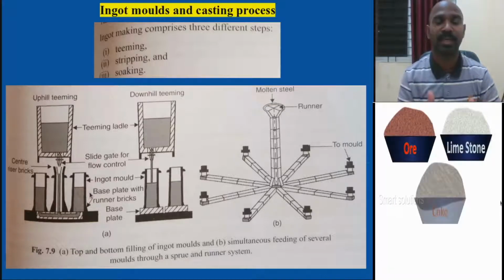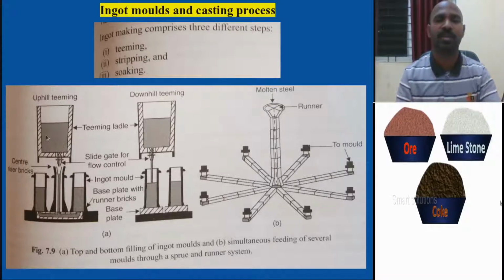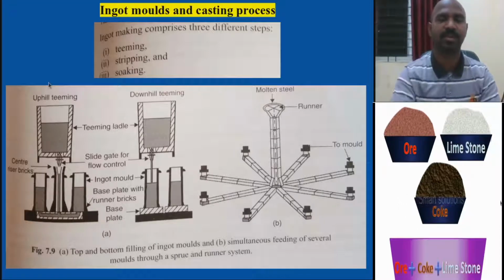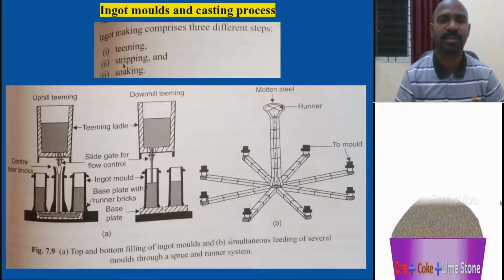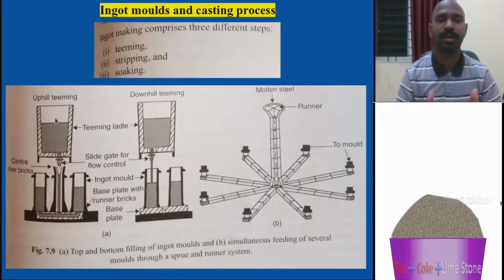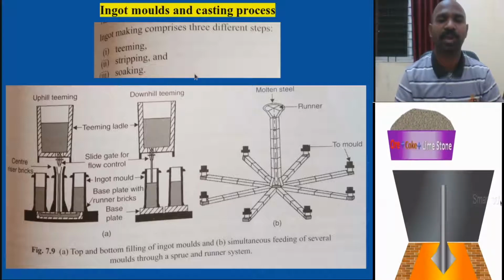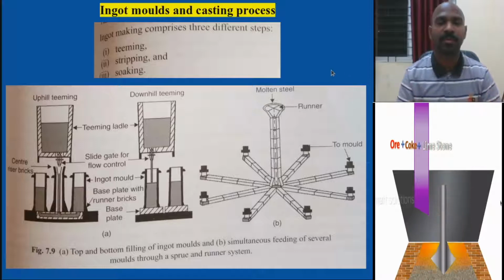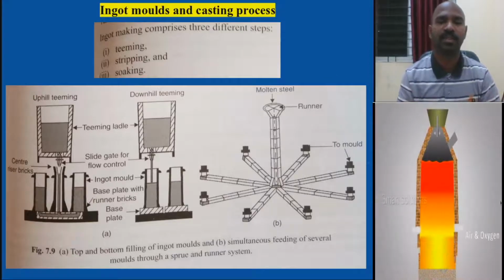After solidifying, with the crane mechanism, the solidified ingot is stripped out. That particular step is called stripping, and the solidified ingot is soaked for 1 hour for the next hot working process, which is a finishing operation such as rolling.